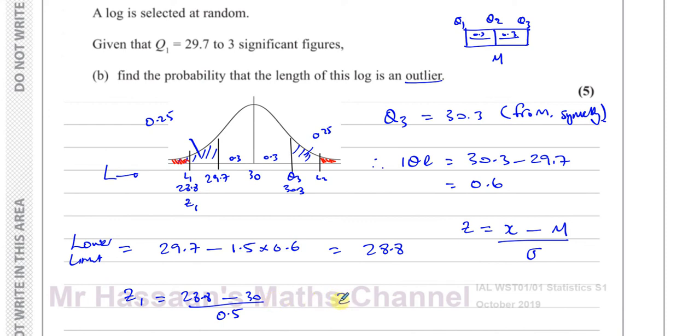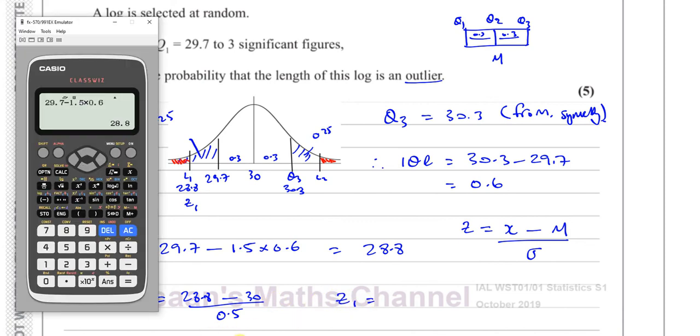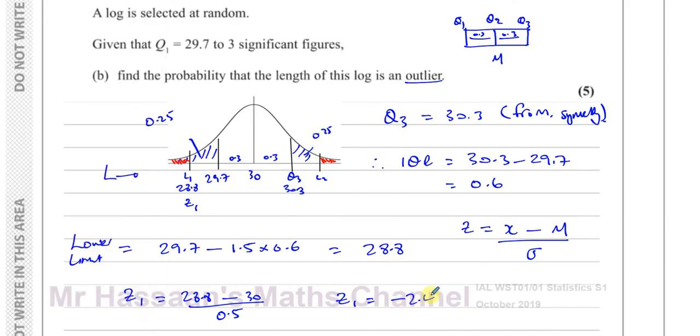So this will give me Z1. So 28.8 minus 30 divided by 0.5 gives me negative 2.4.